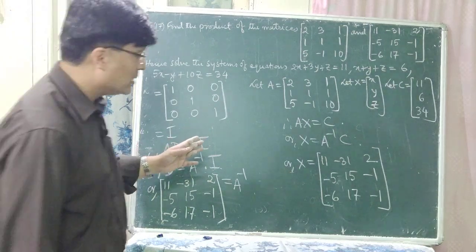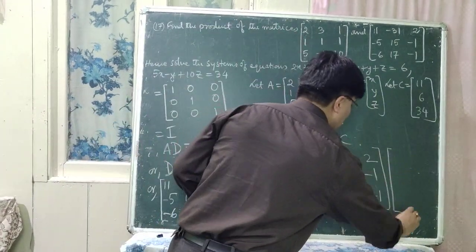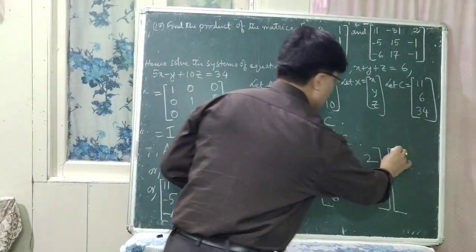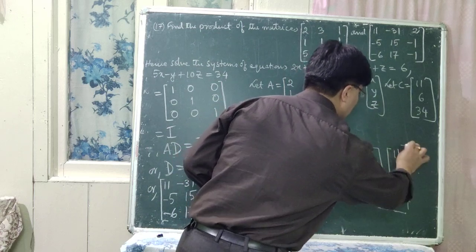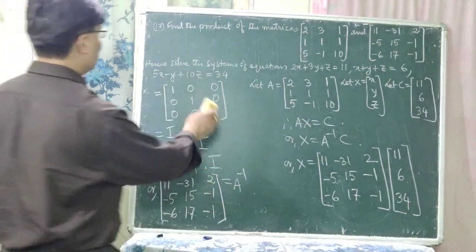This is your matrix A inverse. Now write down the matrix C, the column matrix of constants: 11, 6 and 34. Understood?